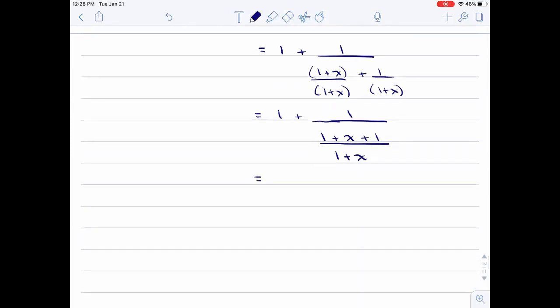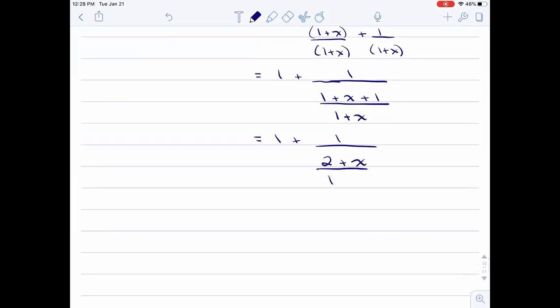I'm going to simplify this and say, well, that's 1 plus 1 divided by 2 plus x. Let's leave it as 2 plus x all over 1 plus x.